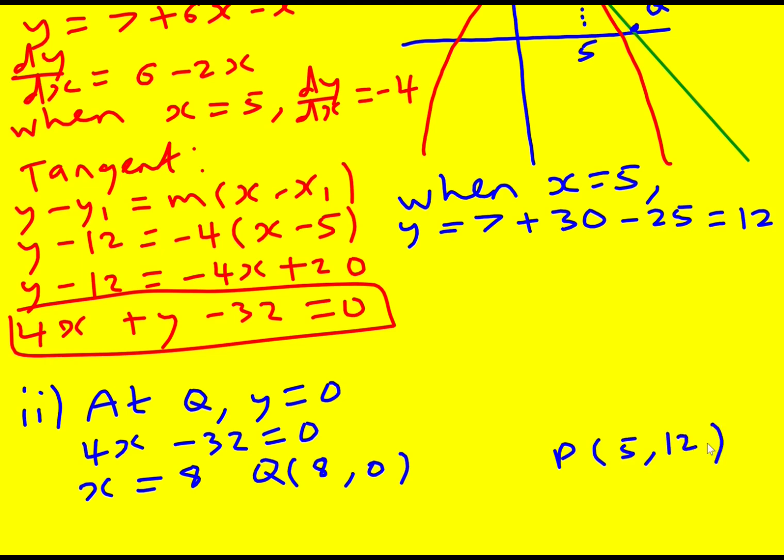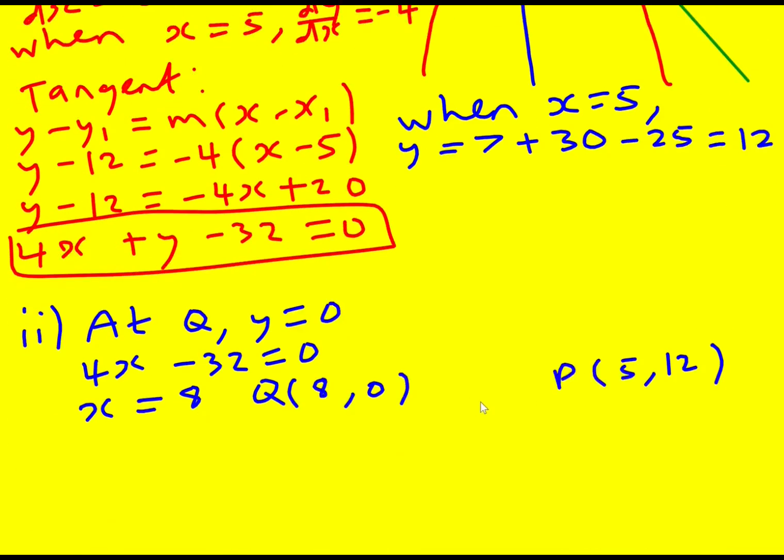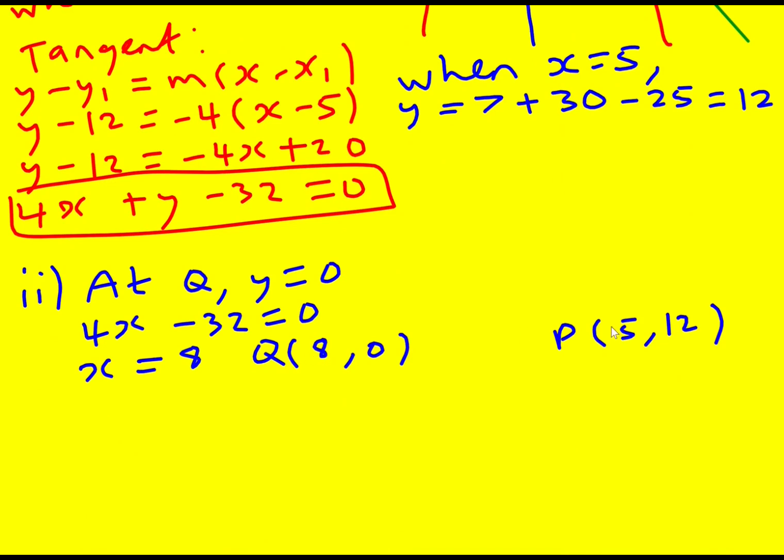So I want to find the midpoint. That is going to be the middle of the x coordinates and the middle of the y coordinates. And you can do this just by looking at them or by adding them together and dividing by 2.